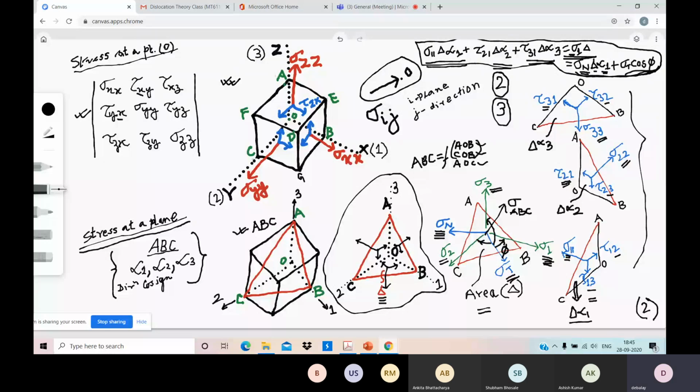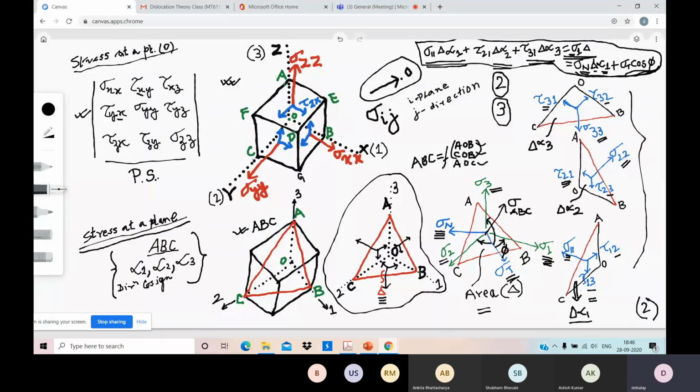Now we have an important consideration. You have the generalized form already defined. There is a term called principal stress. What is principal stress?